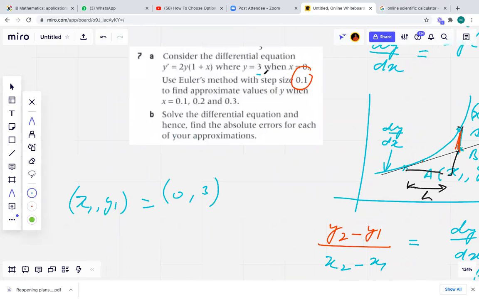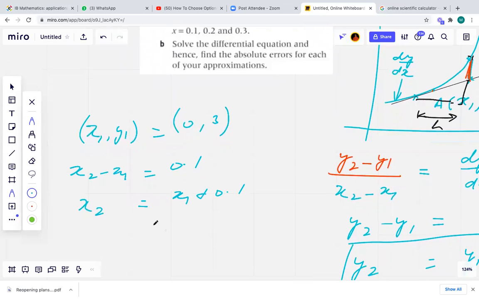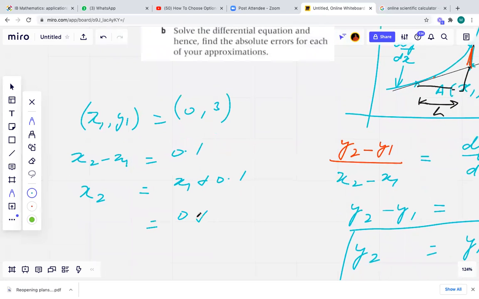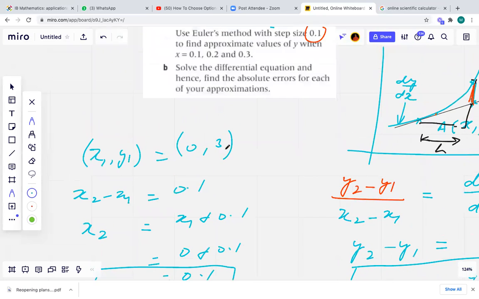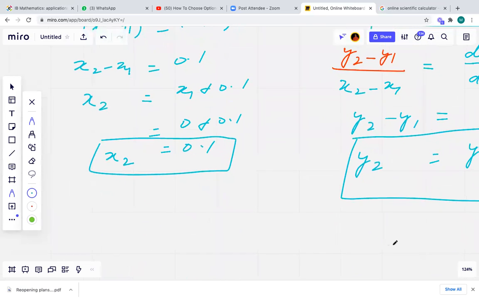My x2 minus x1 is 0.1, so x2 is x1 plus 0.1. x1 is 0, so 0 plus 0.1 is 0.1. So my x2 is 0.1. Do you understand? Step size.